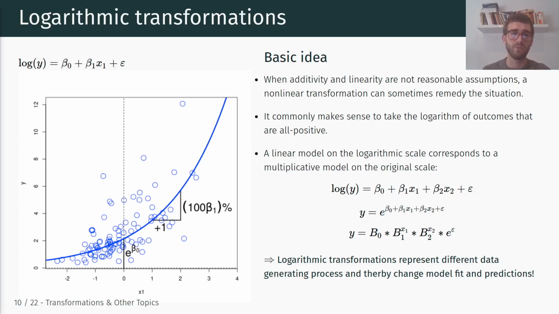So whenever we have logarithms on both sides, it's not a 1 unit change that is associated with a proportional difference in the outcome, but rather a proportional difference in x that is associated with a proportional difference in y.